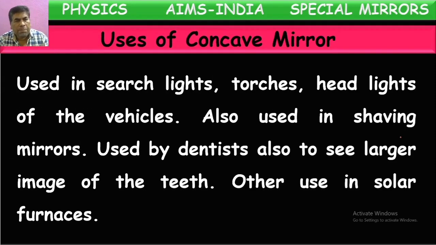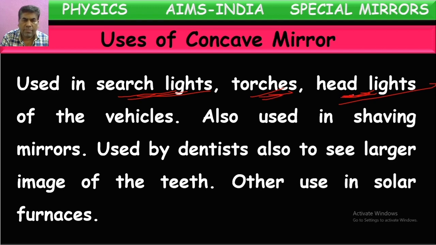So because of these properties, as the image is formed at infinity, or as the image is becoming enlarged, this nature is used in making searchlights, torches, and headlights, or in some vehicle headlights also.